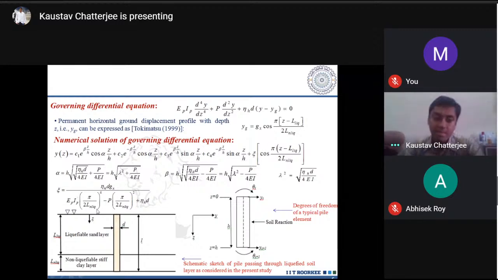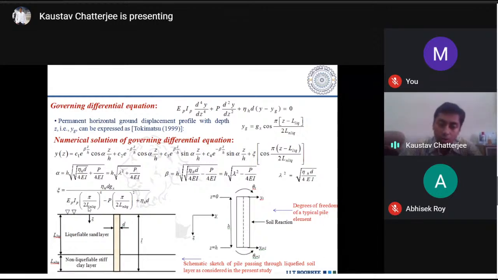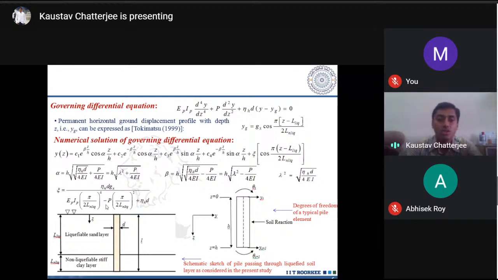Zeta is a function of my subgrade modulus, diameter of the pile, ground displacement, flexural rigidity, liquefiable and non-liquefiable soil layer depths, and also P. What is P? P represents the vertical load that is acting on the ground surface.